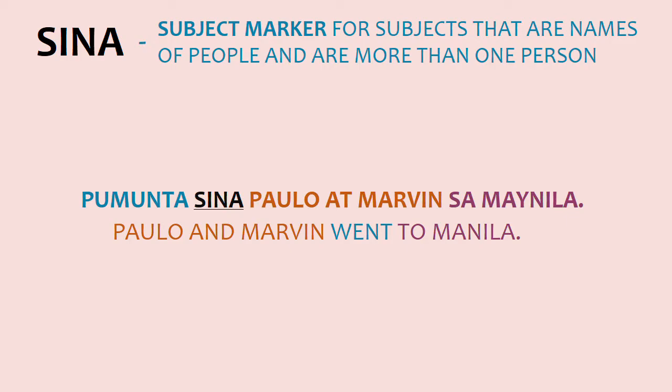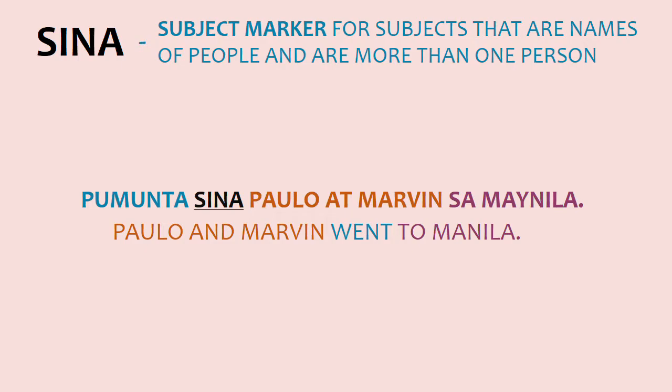So if you look at this example, Paulo at Marvin is Paulo and Marvin in English. Pumunta is went. Sa Maynila is to Manila. As you can see, there's no translation in English for SINA because you don't have subject markers in English.